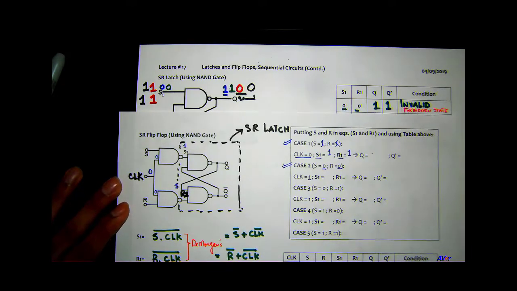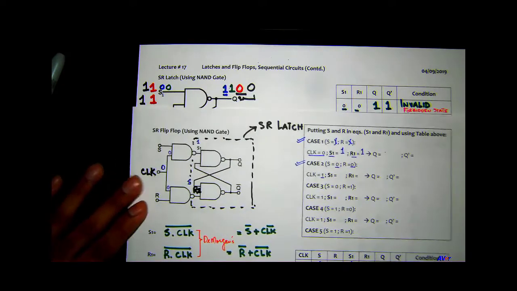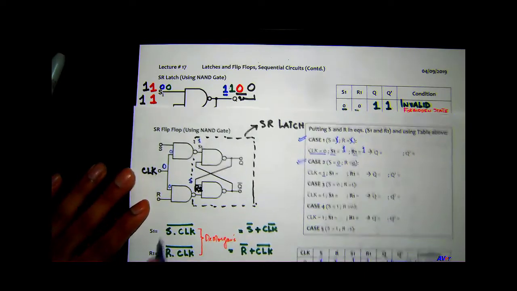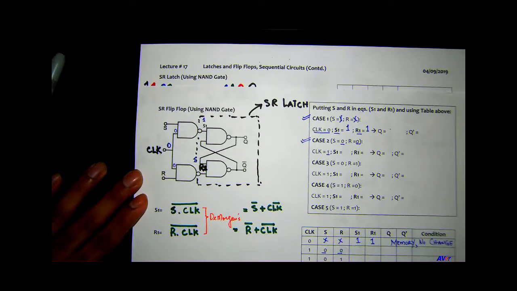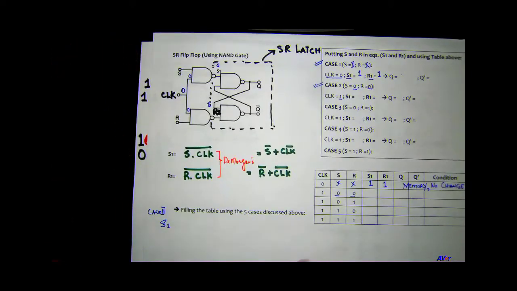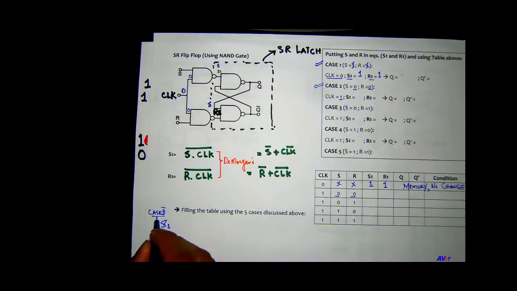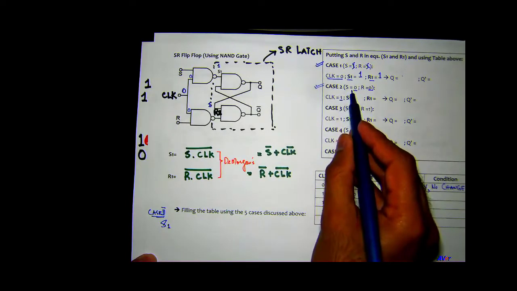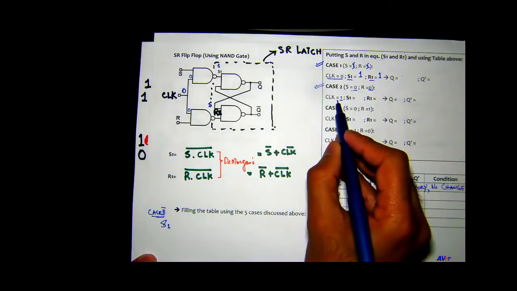Okay, so if you want, you can actually put these values here for case 2. In case 2 we've got S is 0, R is 0, and clock is high.